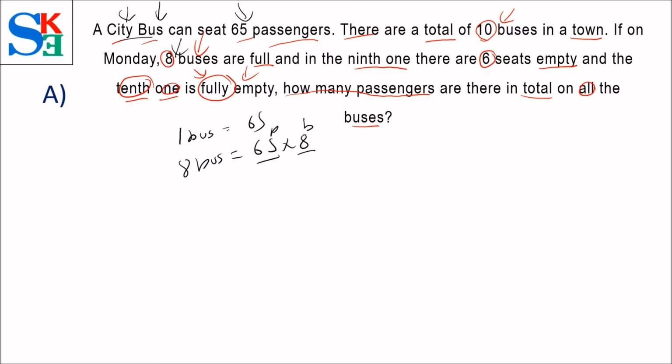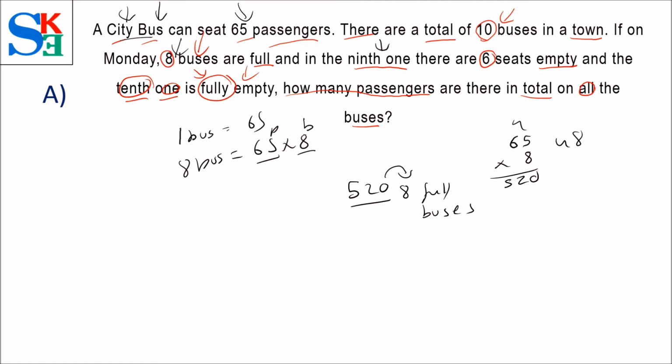So let's do the calculation. 65 multiplied by 8: 8 fives are 40, write 0, carry 4. 6 8s are 48. 48 plus 4 is going to be equal to 52. So we have 520 passengers on 8 full buses.